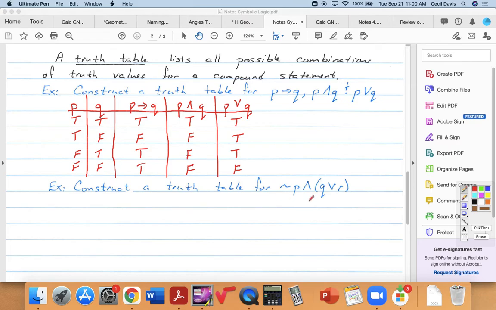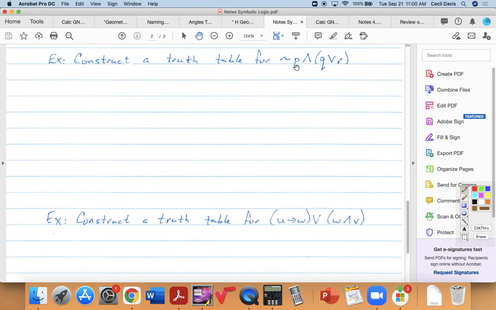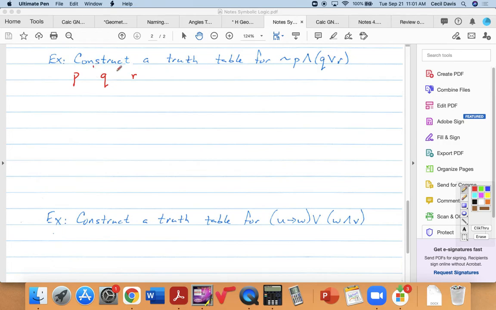All right, let's construct a bigger truth table now for not P and Q or R. Yikes, there's a lot of stuff there. But I start with just the basic parts. I've got a P, I've got Q, and I've got R. Since I have 3 different possibilities there, I'm going to have 8 different possible combinations.